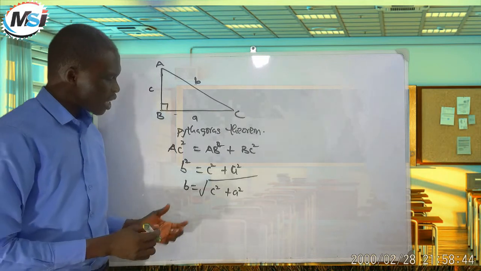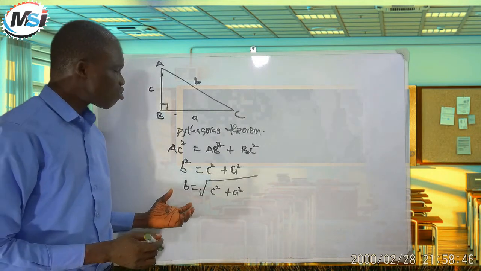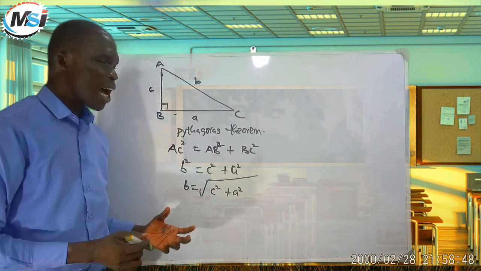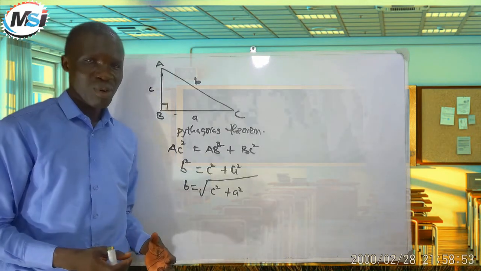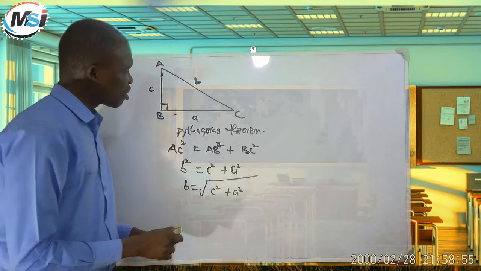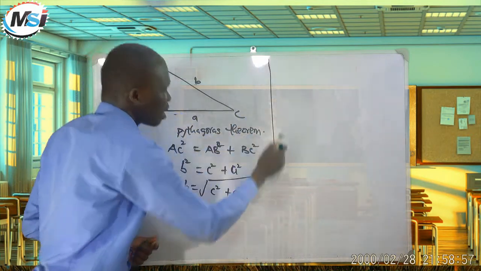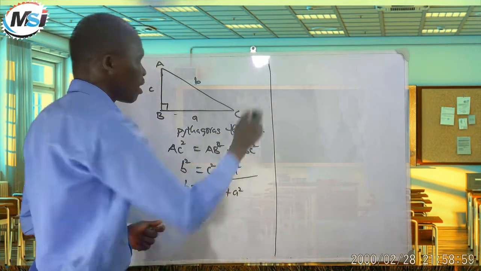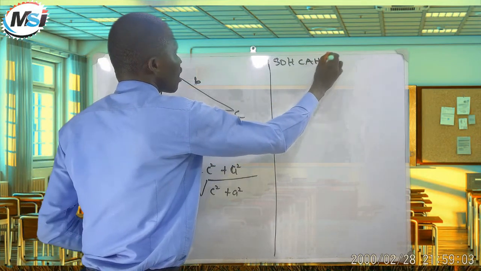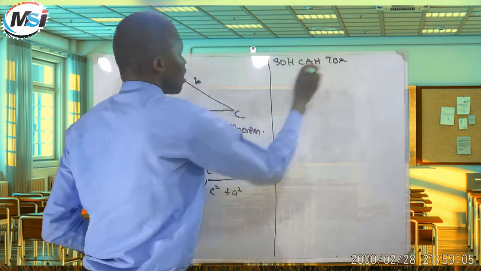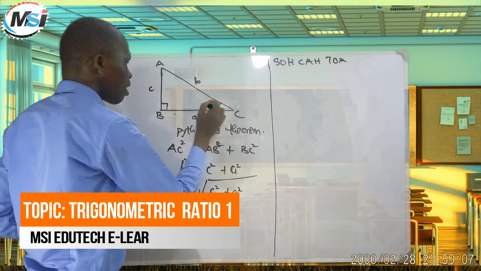Now, apart from this, in right angle triangle we have what we call SOHCAHTOA. I know you've heard that before. Now the SOHCAHTOA explains to us, let me write this, SOHCAHTOA. Now this is angle theta.